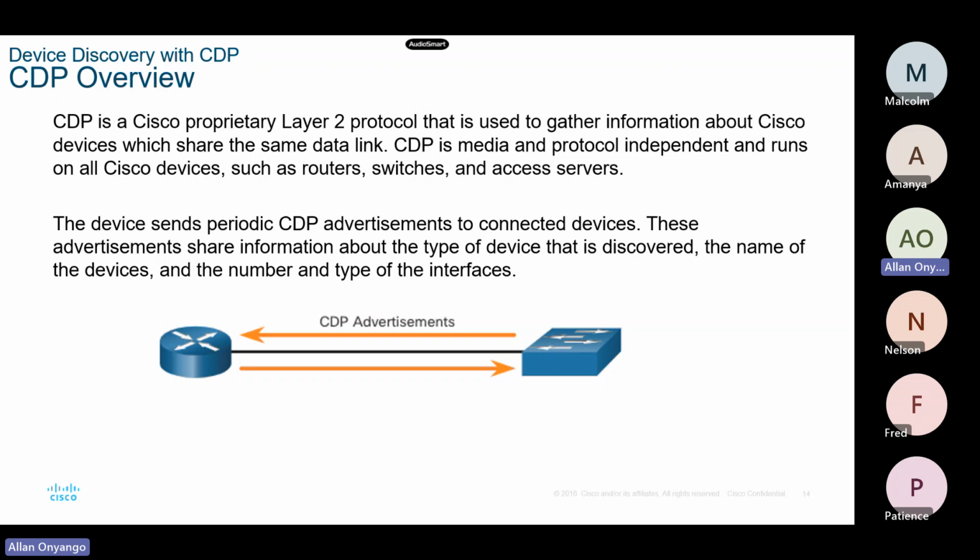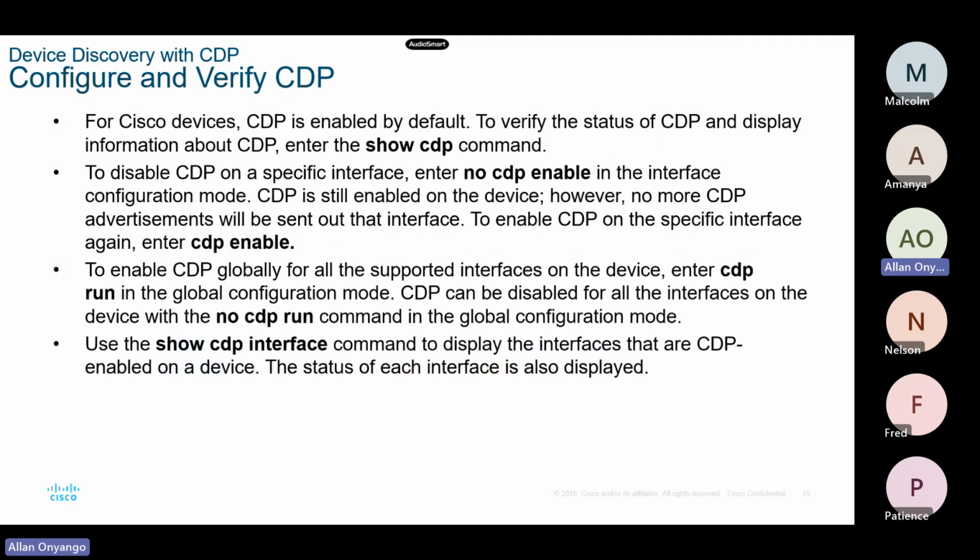So CDP is normally implemented within routers, switches, and servers, and the devices keep on exchanging CDP advertisements, sharing information about the different devices. And that is what we are going to be learning today.